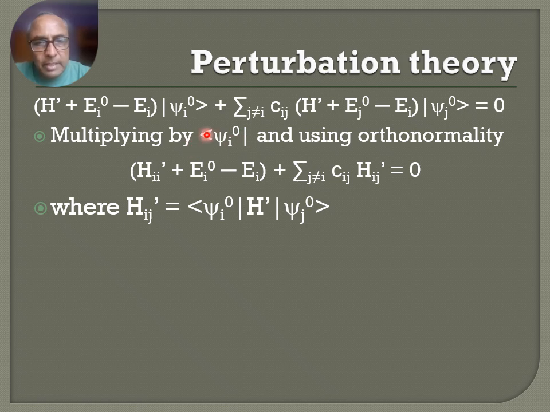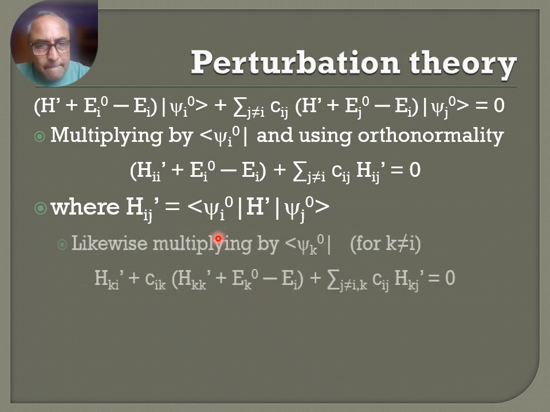Left multiplying this equation by bra psi_i^0 and using the orthonormality condition, this reduces to H_ii dash plus E_i^0 minus E_i plus sigma over j not equal to i of C_ij H_ij dash equals 0, where the H_ij dash are the matrix elements of the perturbation Hamiltonian H dash between the zero order bra and ket.